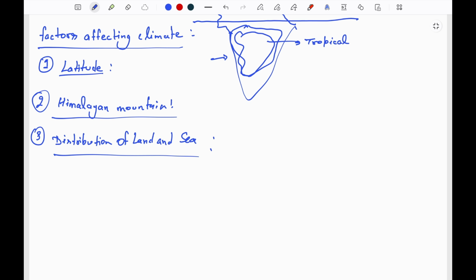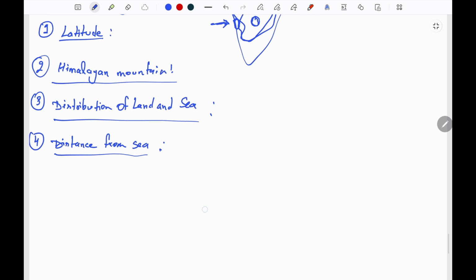Next factor is distance from the sea. This is also a little bit of the same thing: the area near the sea has more moderate temperature, and in the interiors the temperature differences will be more.